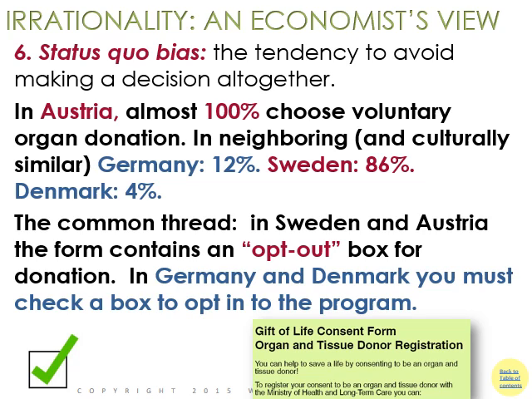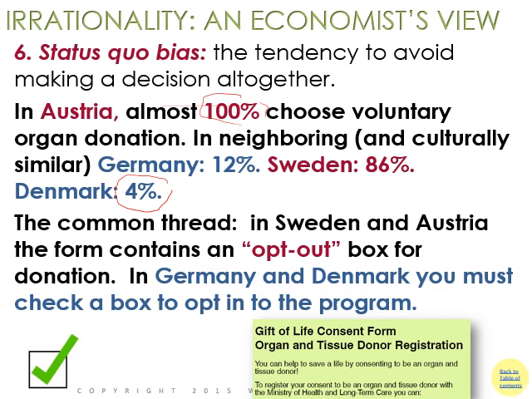It's interesting because if the question is asked, check the box if you do not want to be an organ donor, then, as in Austria, nearly 100% of people do not check the box and become voluntary organ donors. In Denmark, on the other hand, in order to become an organ donor, you need to check the box, and only 4% of the people check the box.